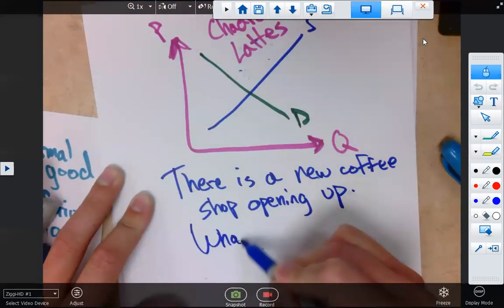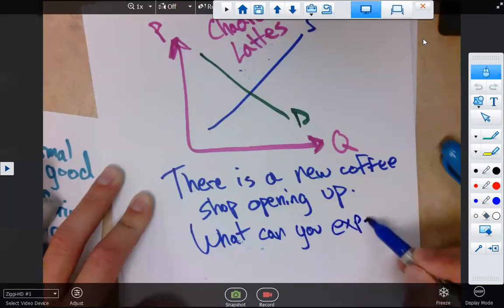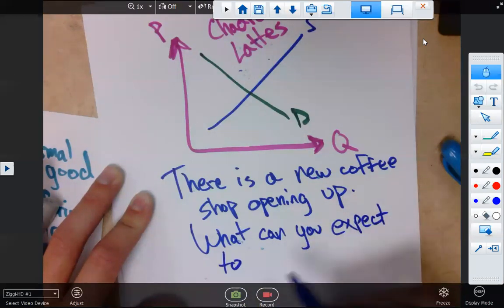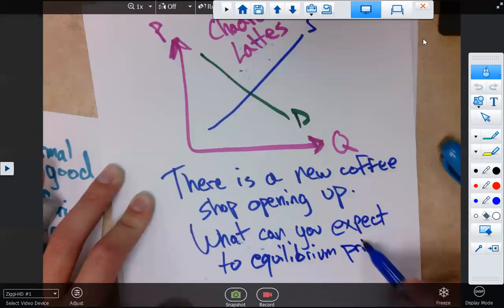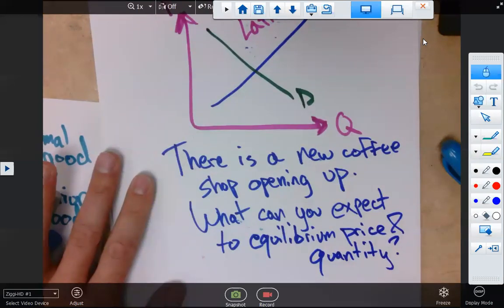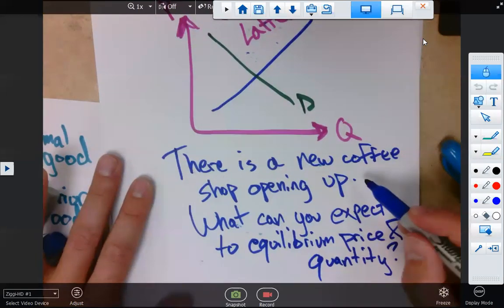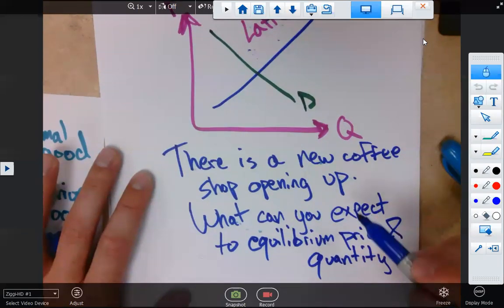What can you expect to happen to the equilibrium price and quantity? So, new coffee shop opening up, is that a shifter in the demand or the supply? Supply, right? It's going to be number of sellers.